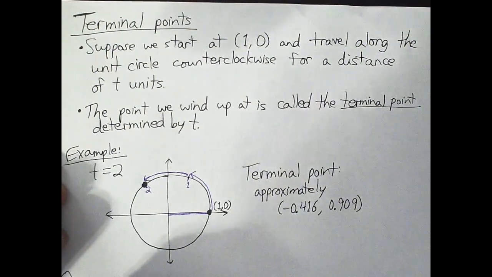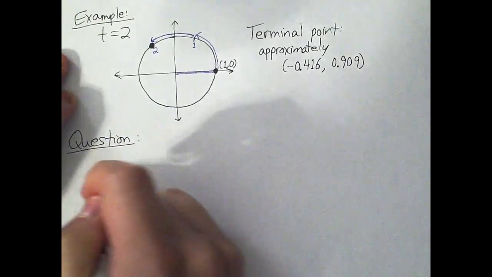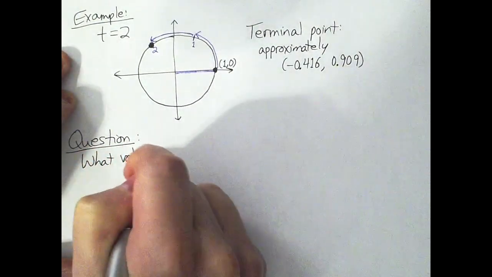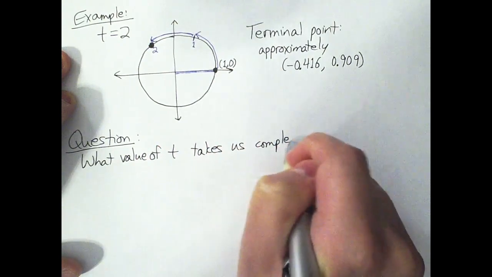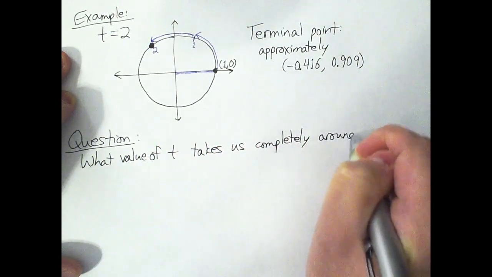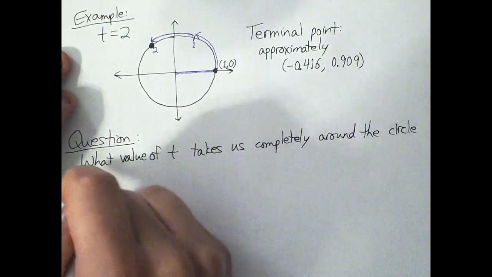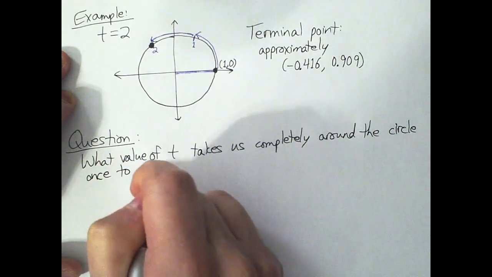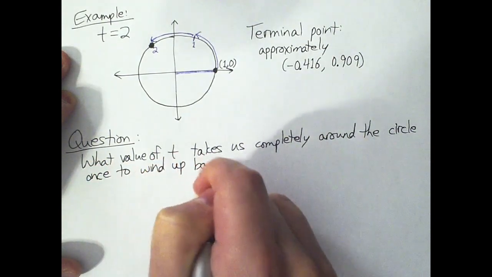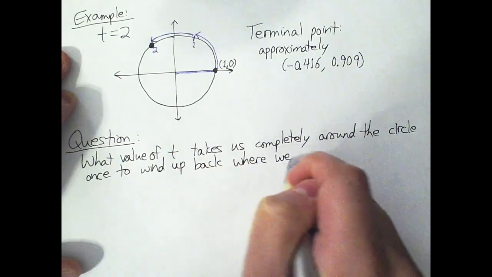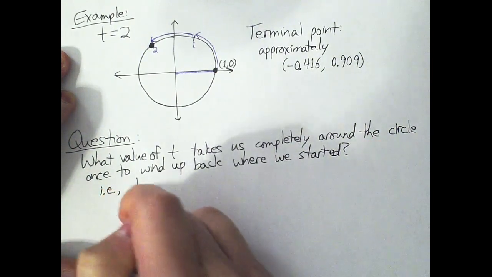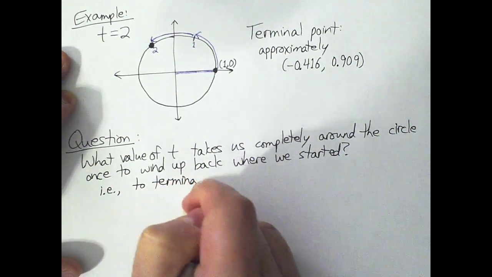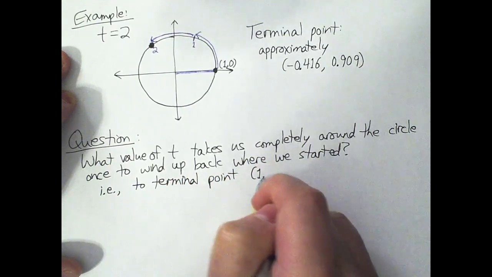Okay, here's a question for you. What value of t takes us completely around the circle once, to wind up back where we started, i.e., to a terminal point of (1, 0)?